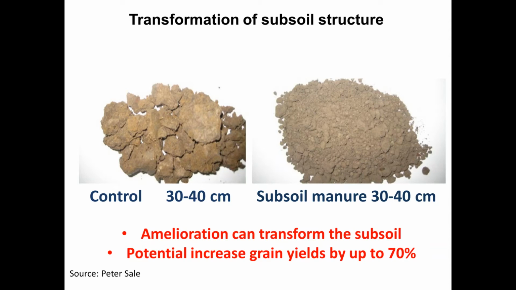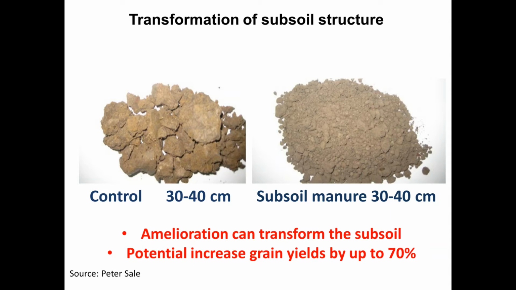So this is really exciting, but there are a number of barriers to adopting this sort of technology. One of them is that although we observe this sort of transformation in some areas in the farming system, we cannot predict that it happens everywhere. So our inability to predict where the response will occur is a bottleneck in adopting this subsoil manuring or subsoil amendment work.